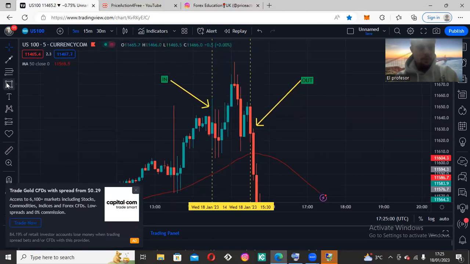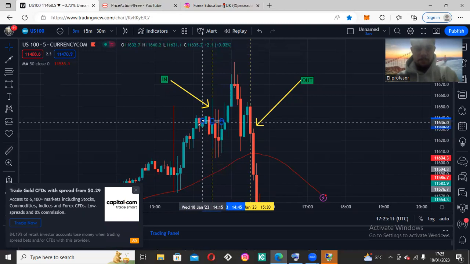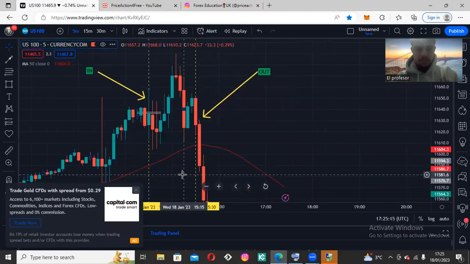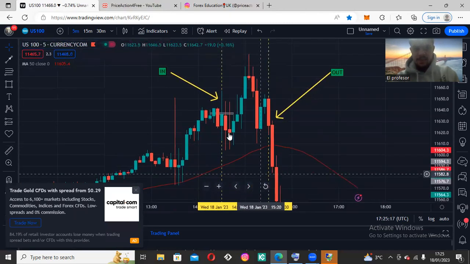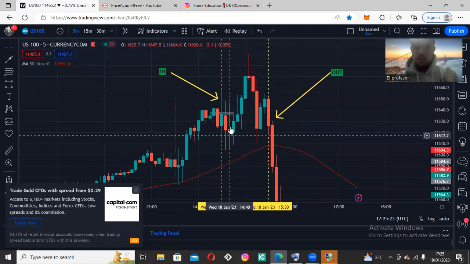The second one, we have a resistance level right here. We have a resistance, okay. After that, the next candle did not break the previous high, okay, and then the price went down.